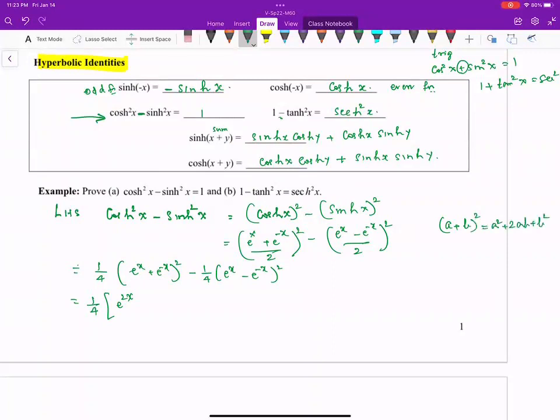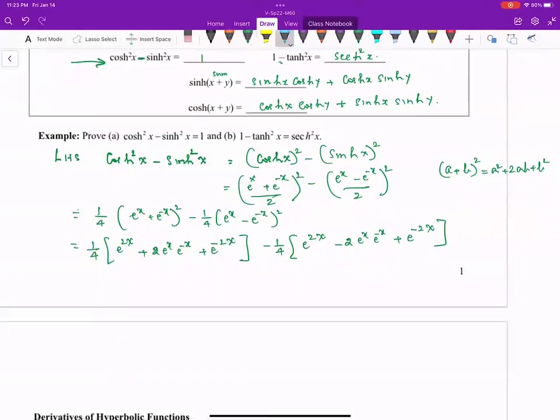So it's e to the x, the whole square, that is e to the 2x, then twice e to the x, e to the negative x, plus e to the negative 2x, minus 1/4, e to the 2x, minus 2 e to the x, e to the negative x, plus e to the negative 2x.